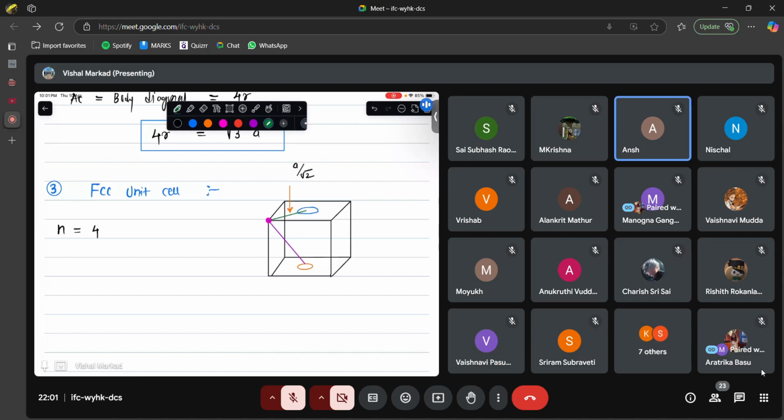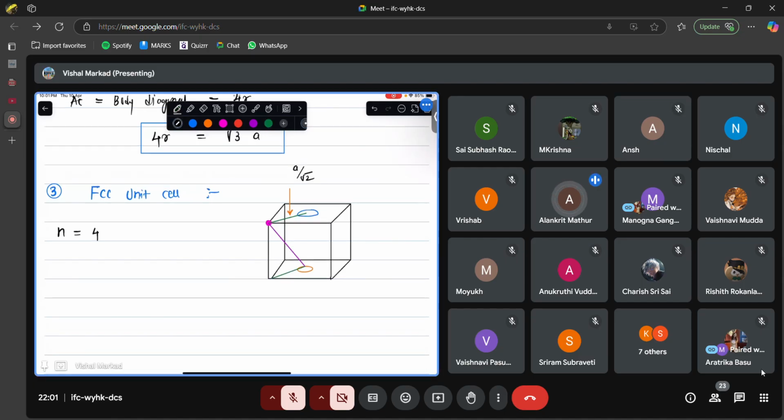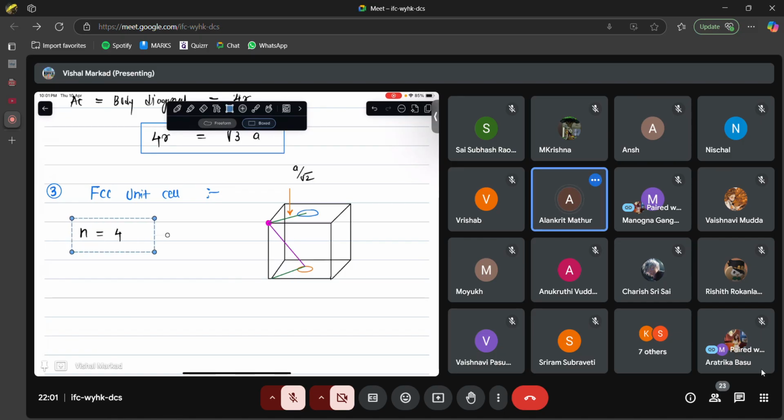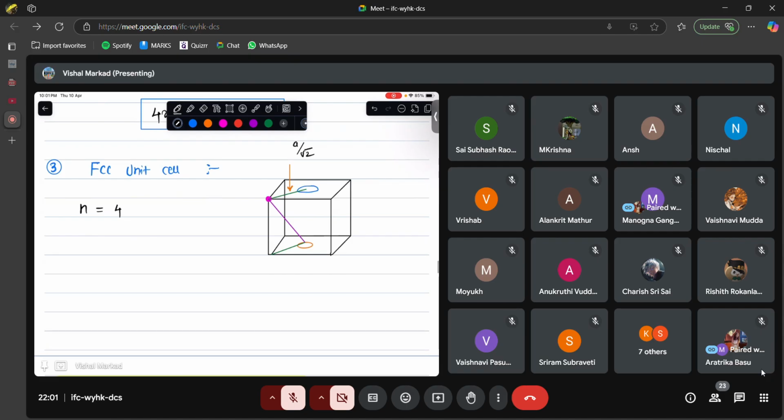Can we calculate that? Yes, sir. Right? Okay. So root over 3 by 2 a. How much will you get? Root over 3 by 2 a. First is this one.